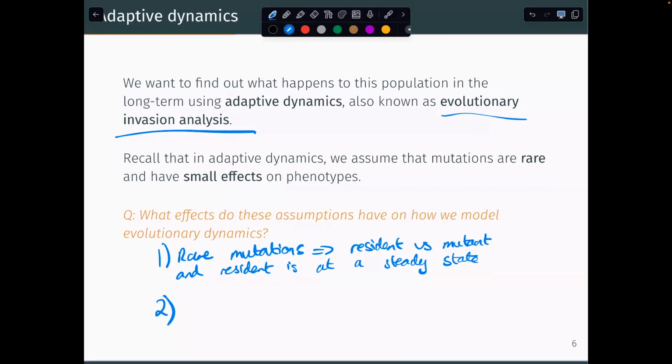Okay. What's the other thing? How about this small effects on phenotypes? What does that mean when it comes to our mutations? So if we imagine we have our resident phenotype XR and our mutant phenotype XM, what does that mean in terms of the relationship between XR and XM?